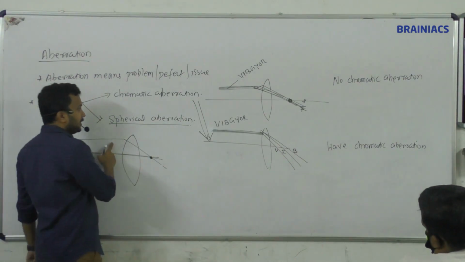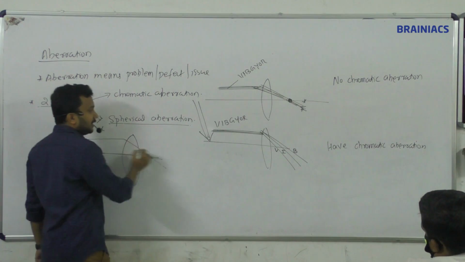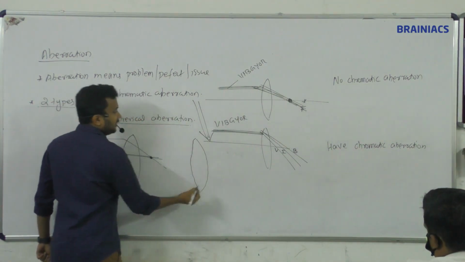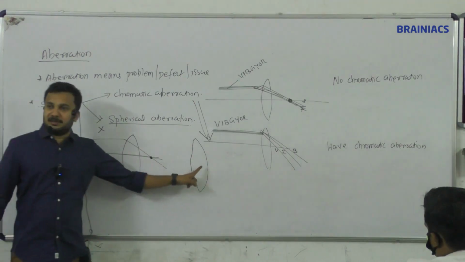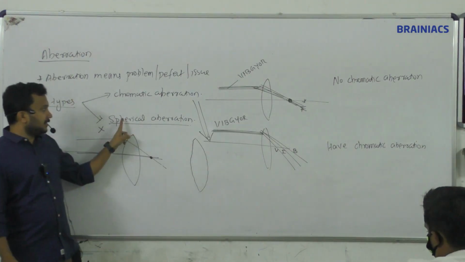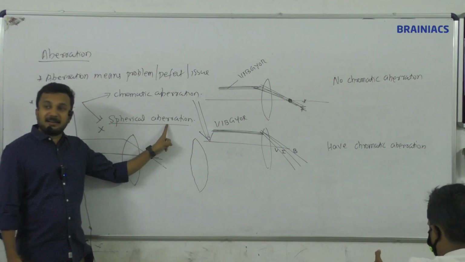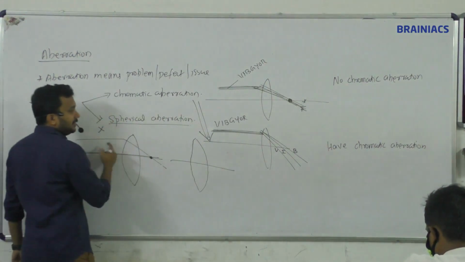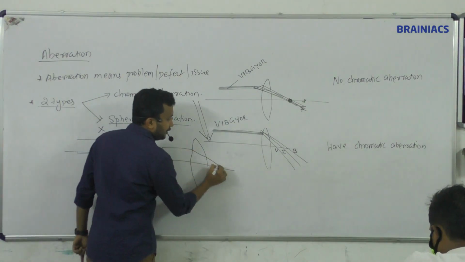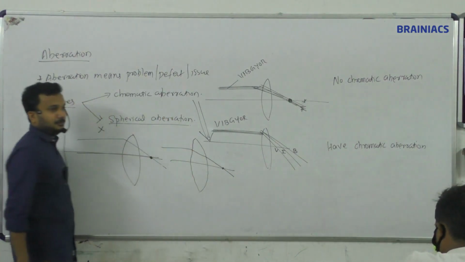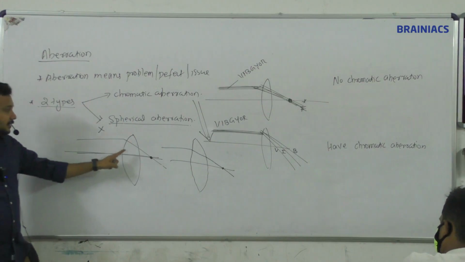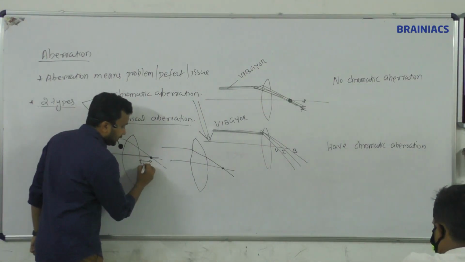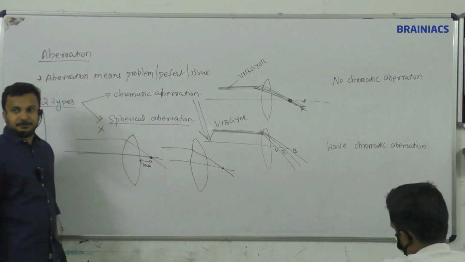In spherical aberration, the problem is glitches at the surface, which should be smooth. The spherical surface has a defect. Now the light passing through refracts at a different point. Suppose the correct focus has to happen at 10 centimeters.